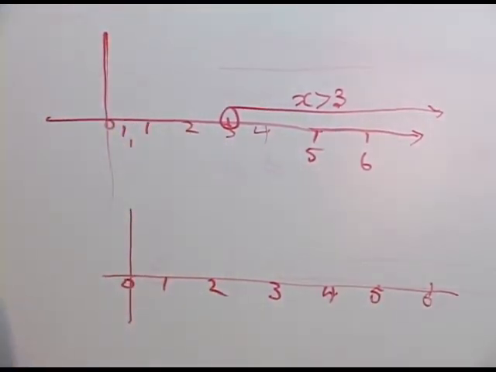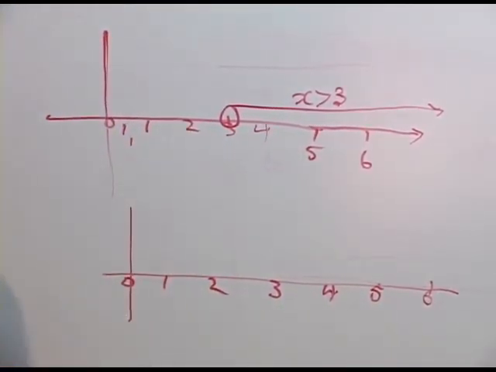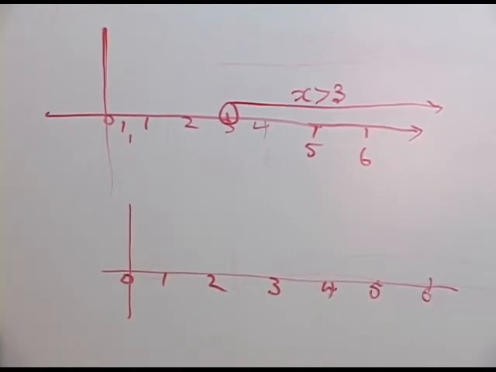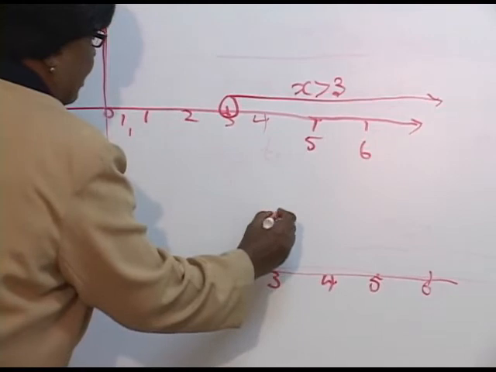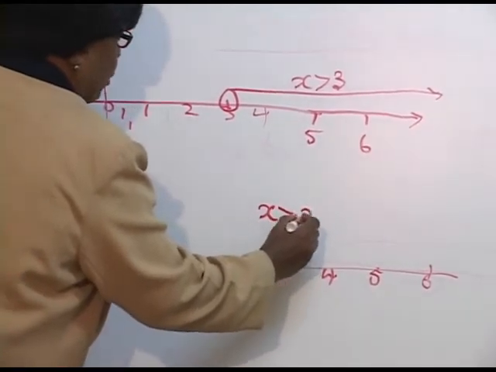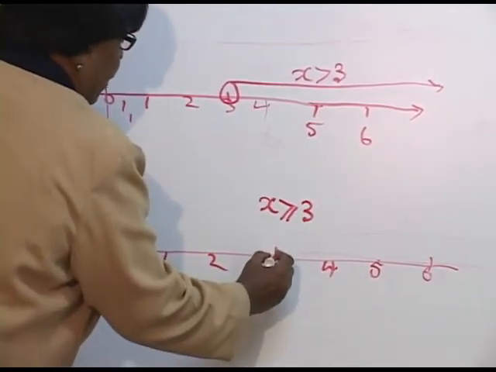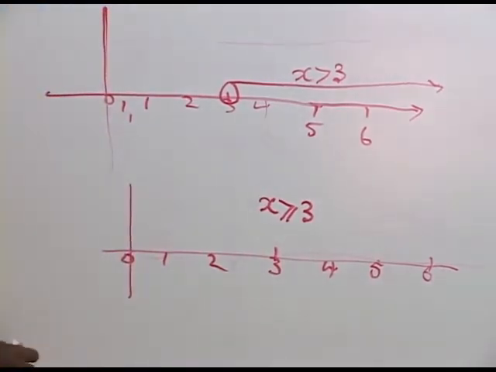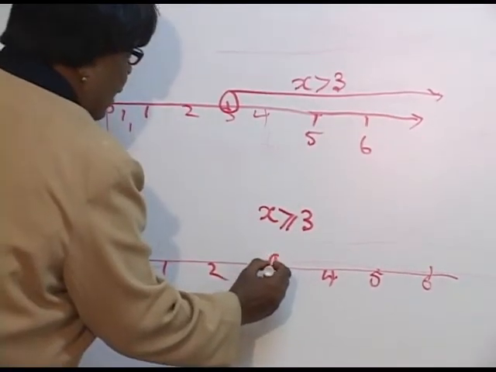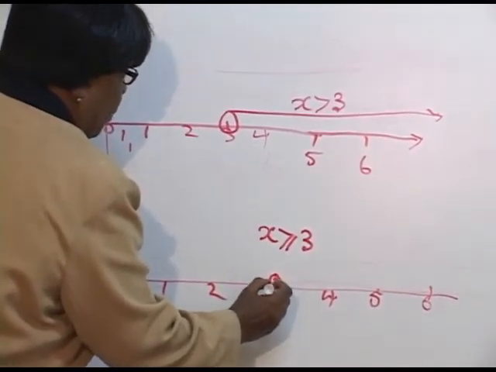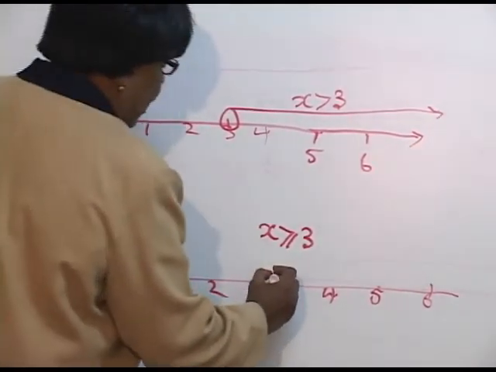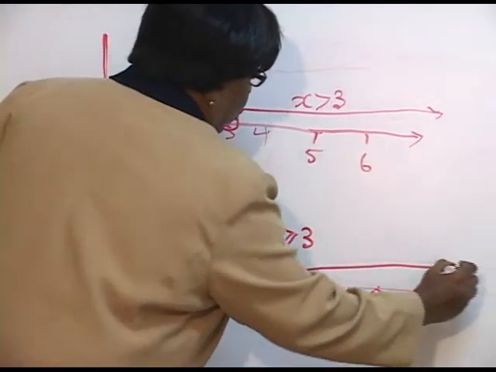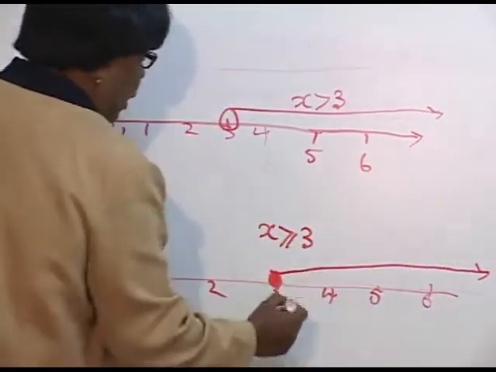Similarly here, if we had the inequality x is greater than or equal to 3, we would have identified 3, circled it, but this circle would be darkened to indicate that it is included, and then our arrow would go all the way up.